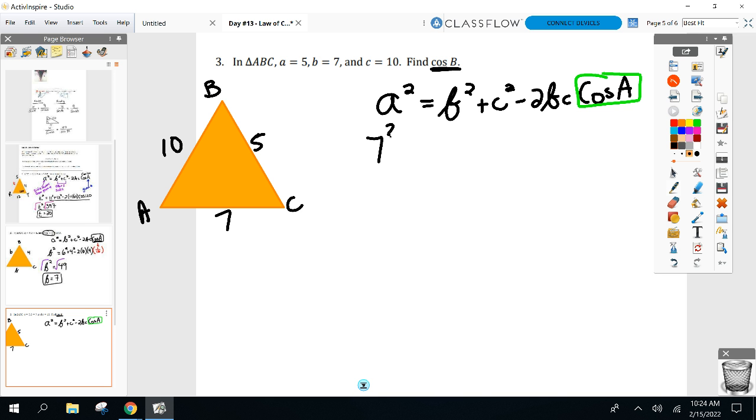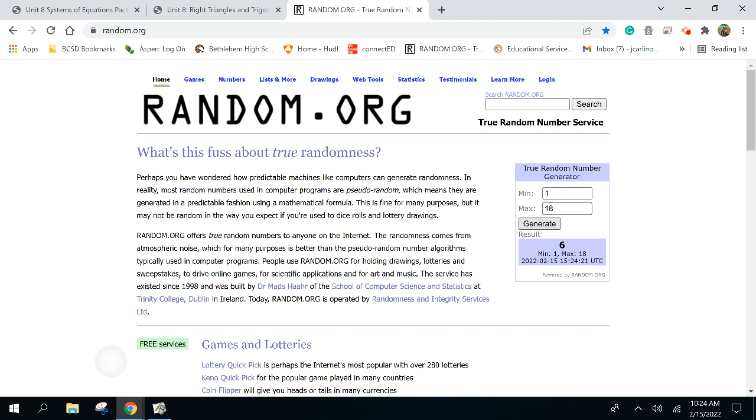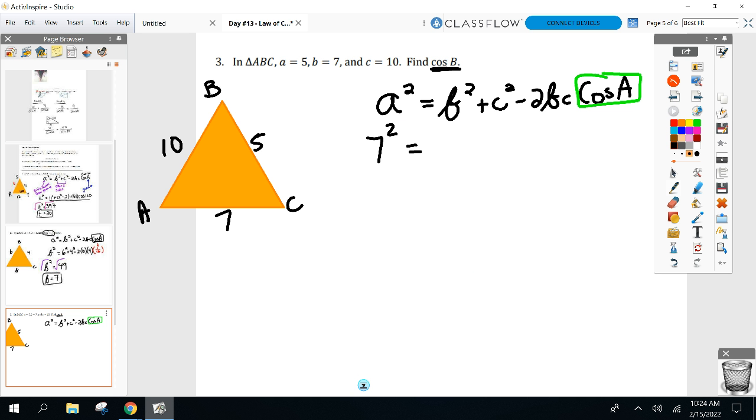I'm starting this off with 7 squared, everybody, equal to the other two sides: 10 squared plus 5 squared minus 2 times 10 times 5, cosine B. If you put an X there, that's fine with me too.